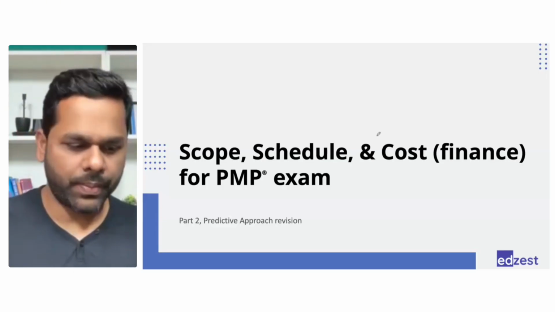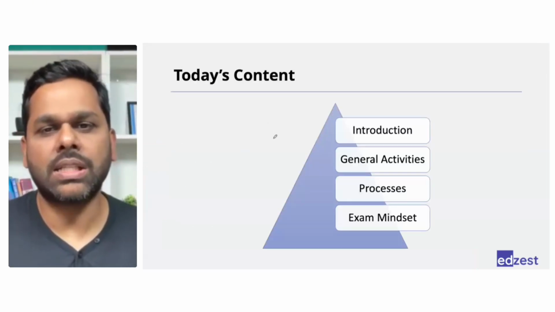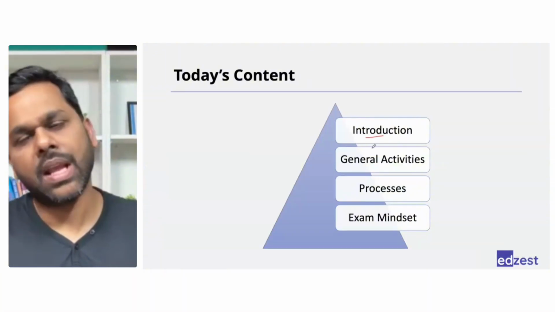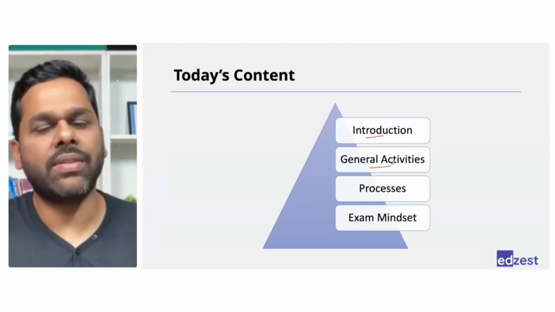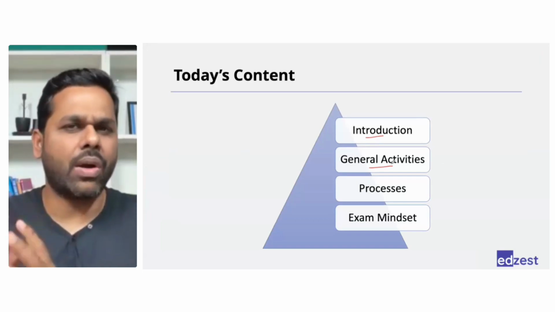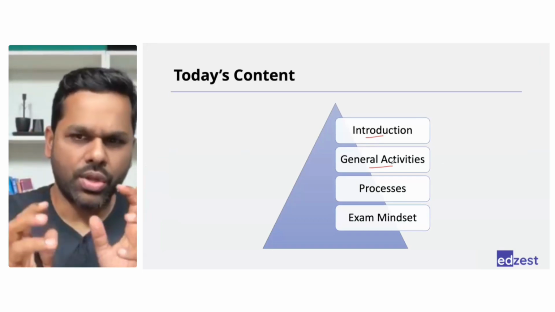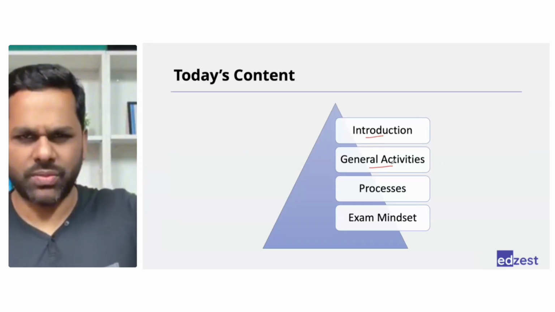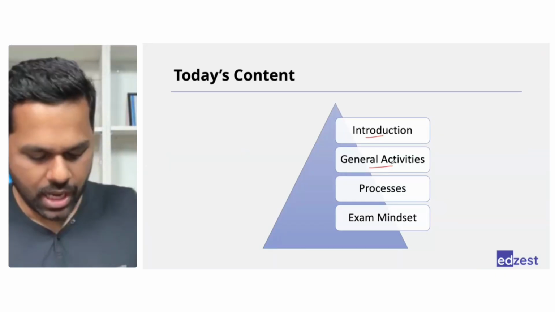So the way we'll do it is we'll first understand what these performance domains are in terms of introduction. Then we'll talk about general activities that are carried out in these performance domains so that you can create a mental picture of scope, schedule, and cost, which is called finance these days.